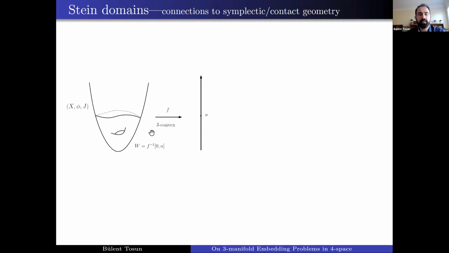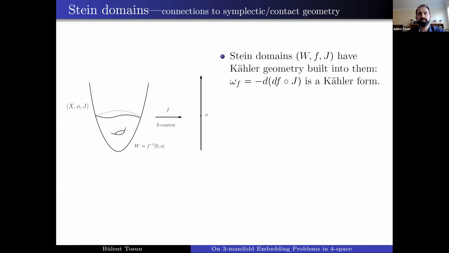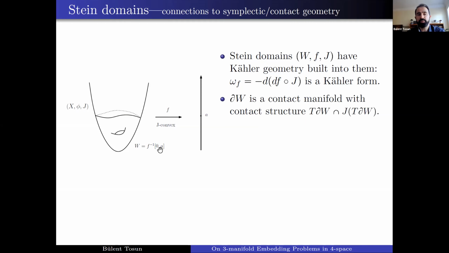That means that I remember the complex structure from X, but maybe not the J-convex function φ. What it is, this f is some J-convex function available in some neighborhood of W. Now for such domains, or in general for Stein domains, you always have a built-in Kähler form. And also on the boundary of such a domain, you have a contact structure gotten by the complex tangencies.